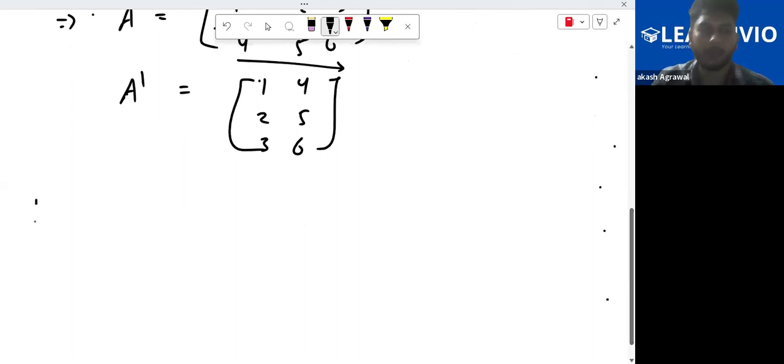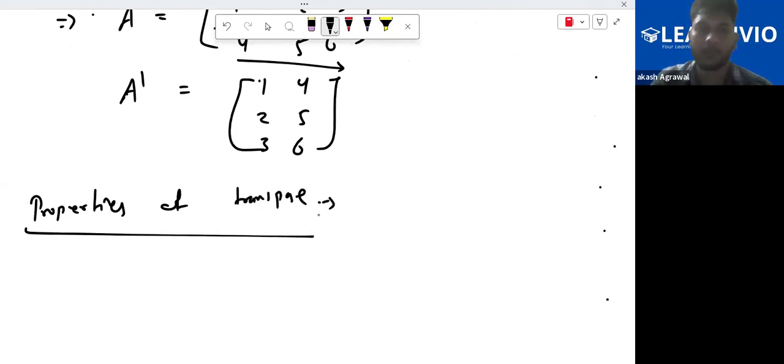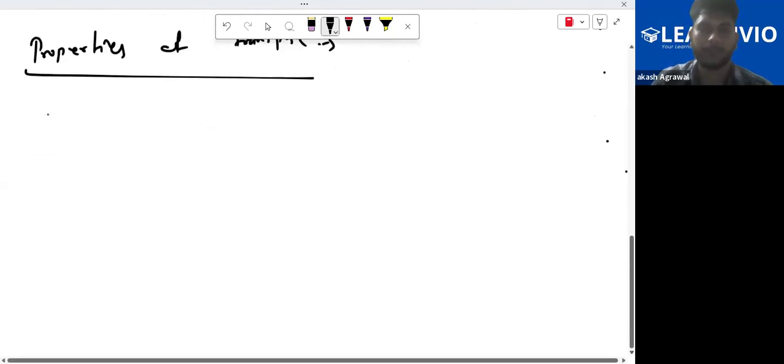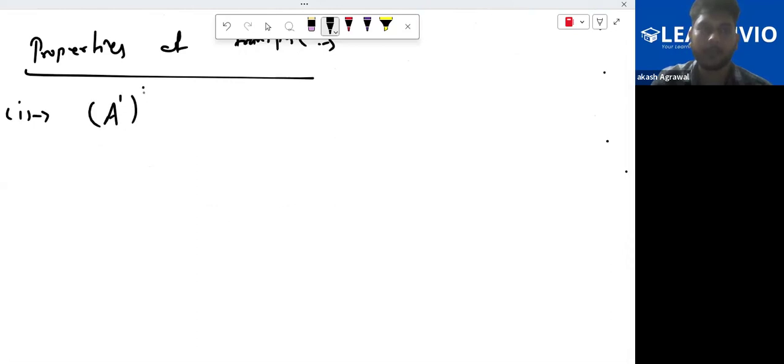So write down the properties of transpose. What are a few properties of transpose? First one, A transpose of transpose. What will happen?